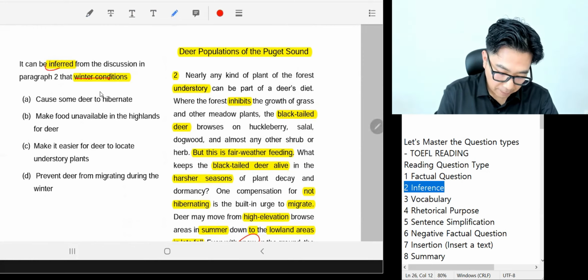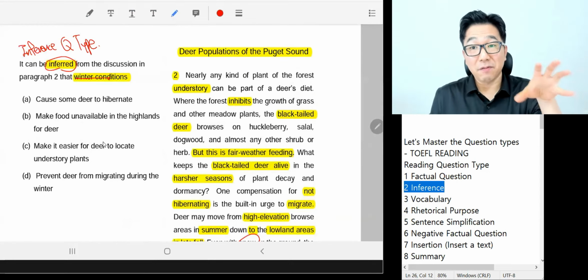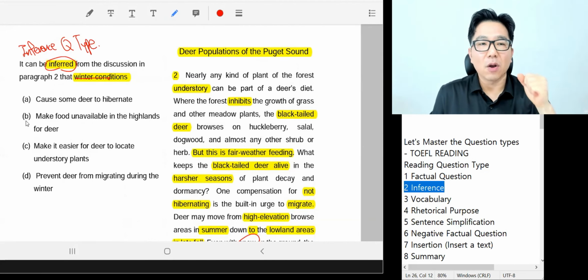So it is inference question type. All right, so because it's objective inference, when you go to the test center, you might go straight into the answer choices to save time and just solve the question.